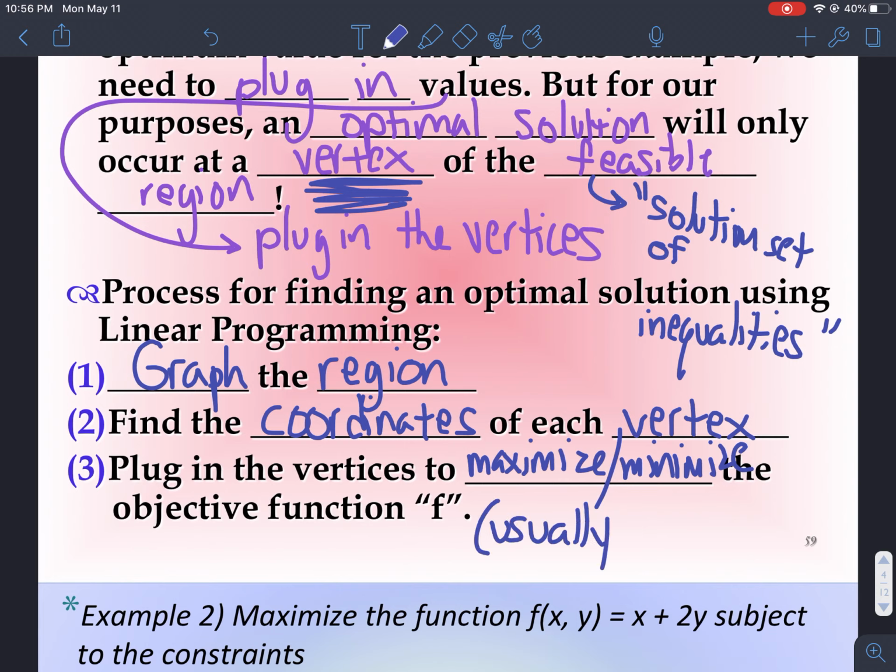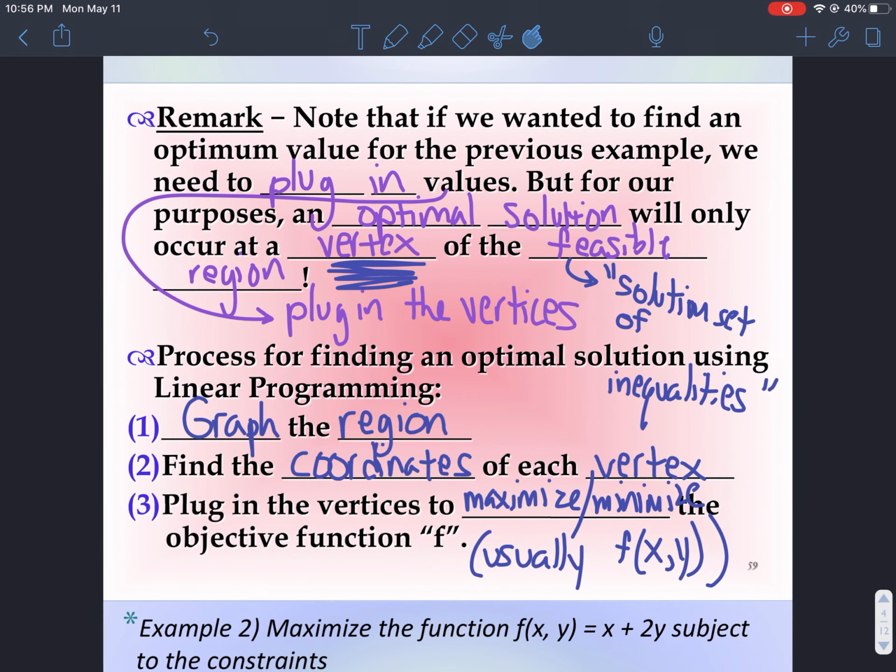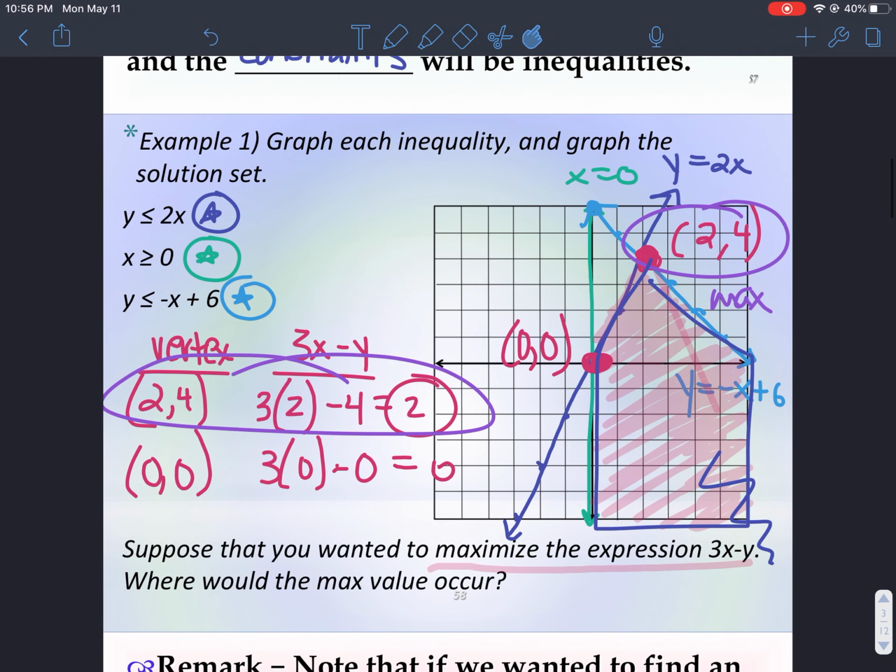Usually some function of two different variables. Okay? We're used to thinking of things three-dimensionally now. So if you have a function f in x and y are two variables, and you can get that third dimension by getting whatever f is. In this case, f was 2.